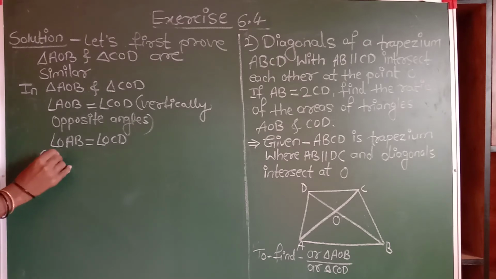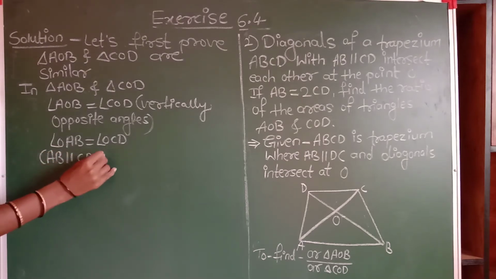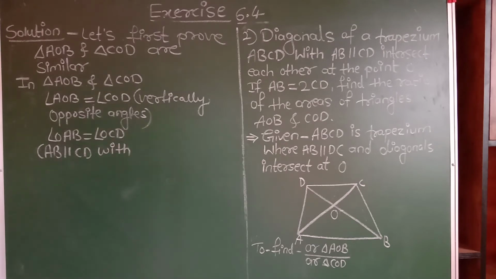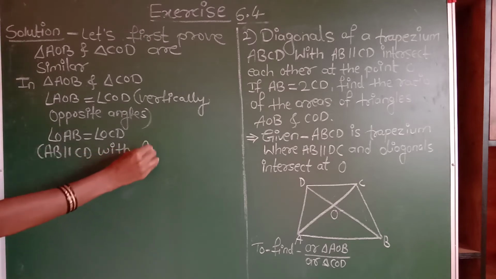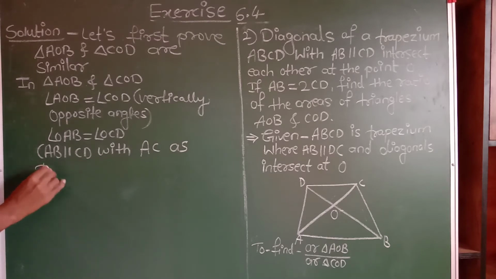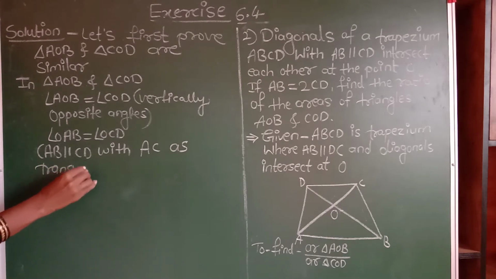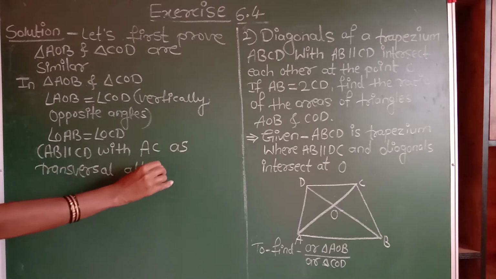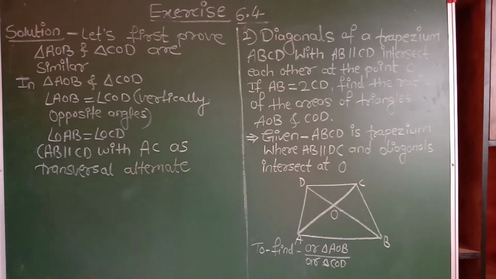Here I will write AB is parallel to CD with AC as transversal, alternate angles are equal.